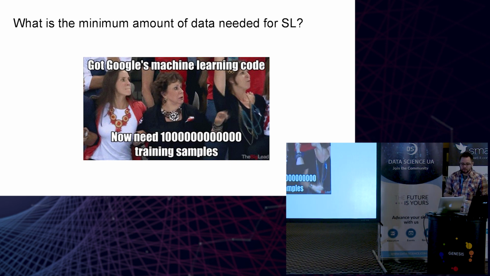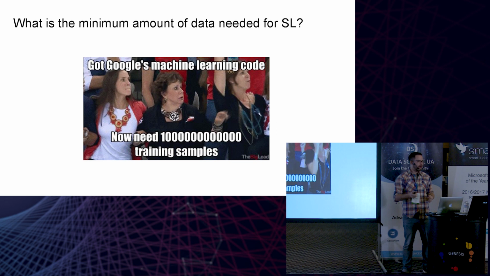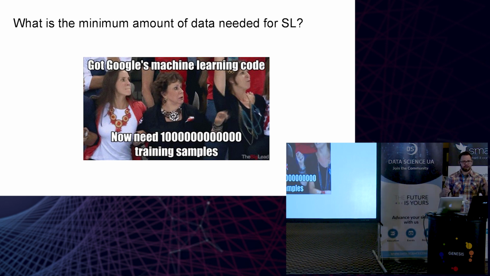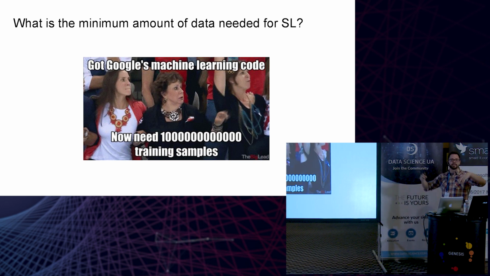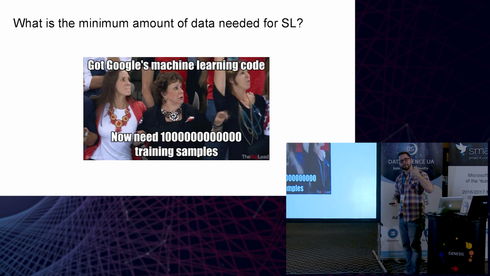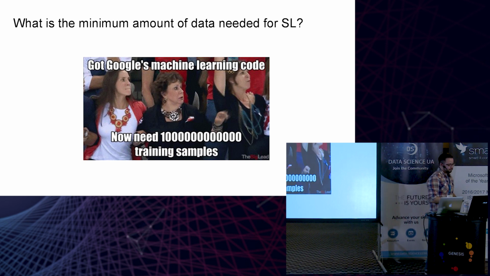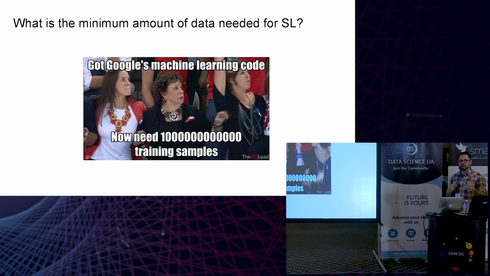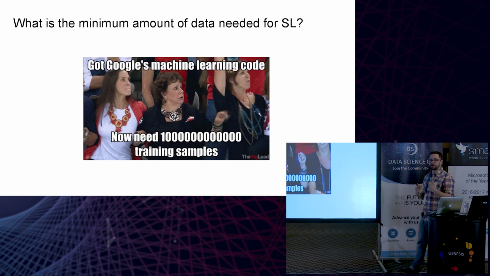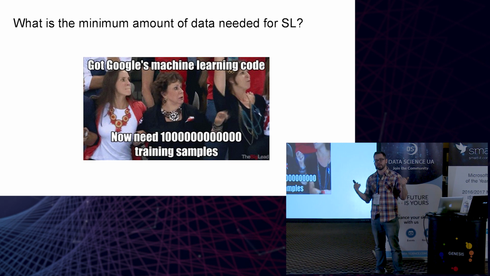What's the minimum amount of data needed for supervised learning? Before, I said something like at least 10. I gave you a range: less than 10 is impossible. But I didn't mean to imply that 10 is the minimum number. Myself, I used to be very skeptical about doing any supervised learning with less than 100 instances.